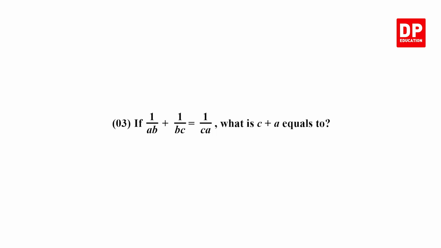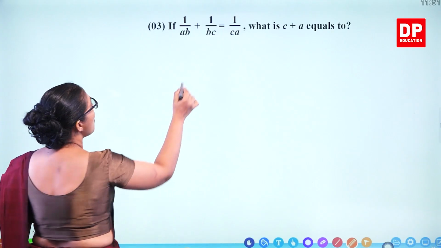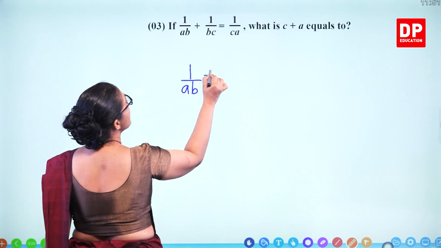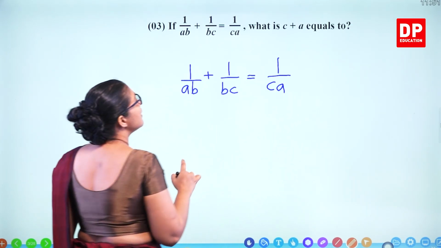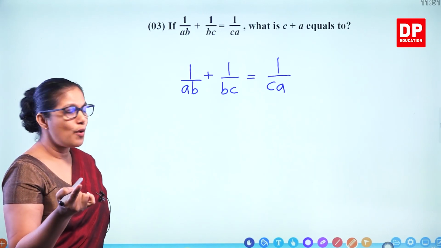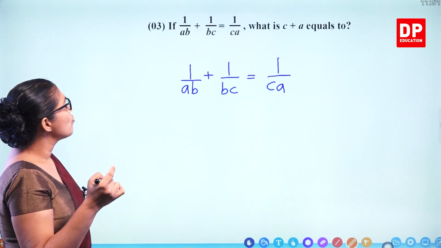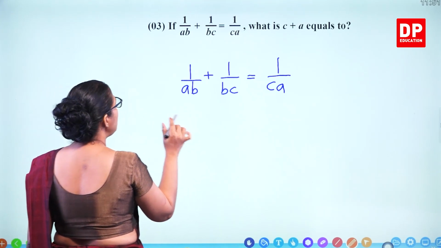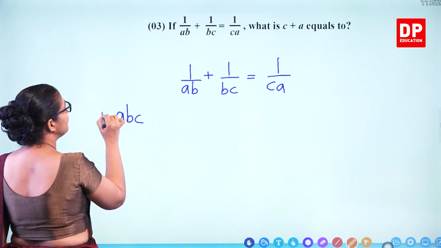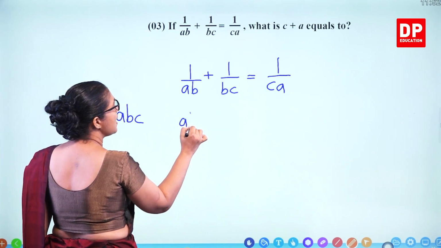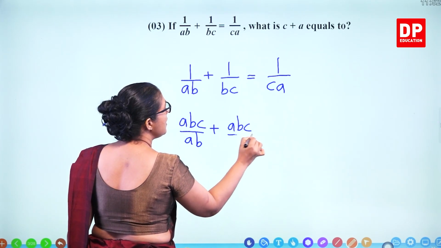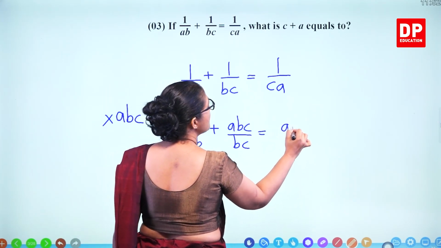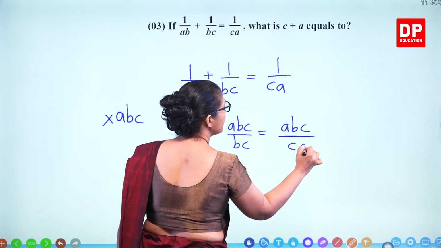Question number 3. What is C plus A equal to, given 1 over AB plus 1 over BC is equal to 1 over CA. Now, C plus A means no denominator, so I want to get rid of these. I'm multiplying the whole equation by ABC. So ABC over AB, ABC over BC, and ABC over CA.